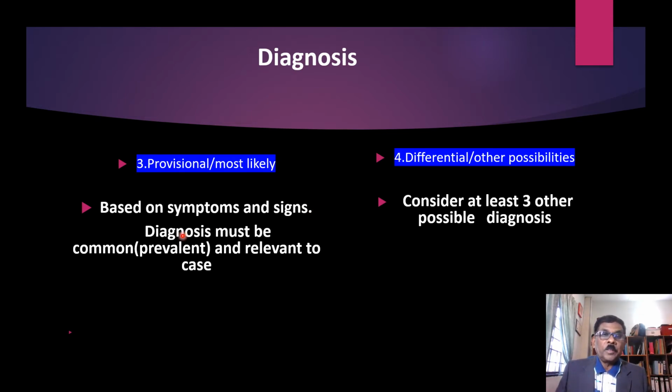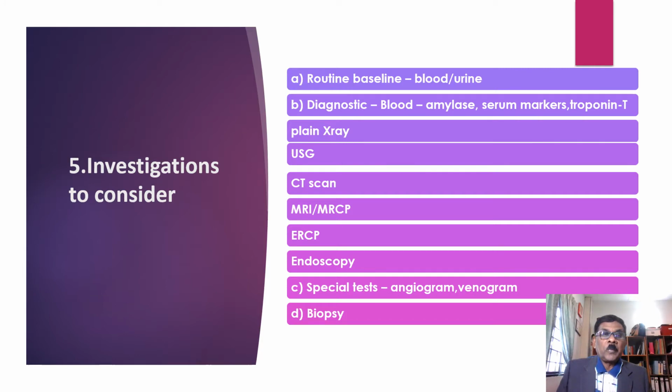This diagnosis must be common and prevalent and relevant to the case. At the same time, you also have a couple of differential diagnoses, which are other possibilities. It would be wise to consider at least 3 other possible diagnoses for every clinical case summary.